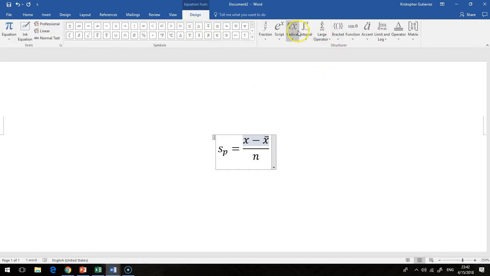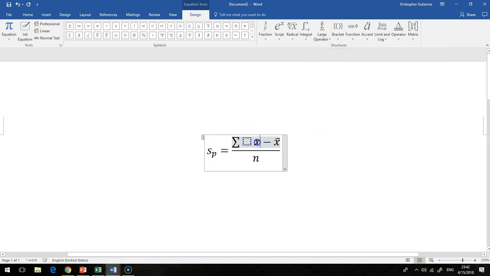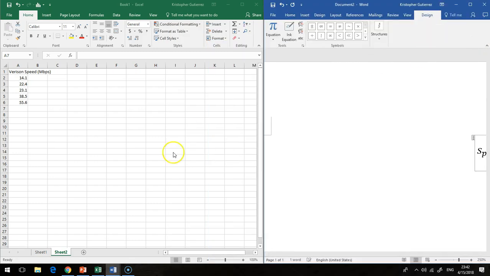Go ahead and put that as sigma. Boom, right there. Sigma of x minus x bar divided by n. And let me go ahead and put that in parentheses, just so we're doing that. So this is the difference. And so we add up all the differences and divide it by n. Well, let's see what happens when we do that.